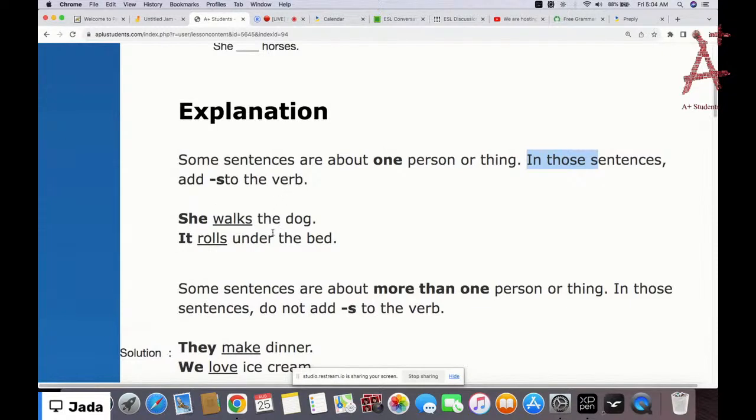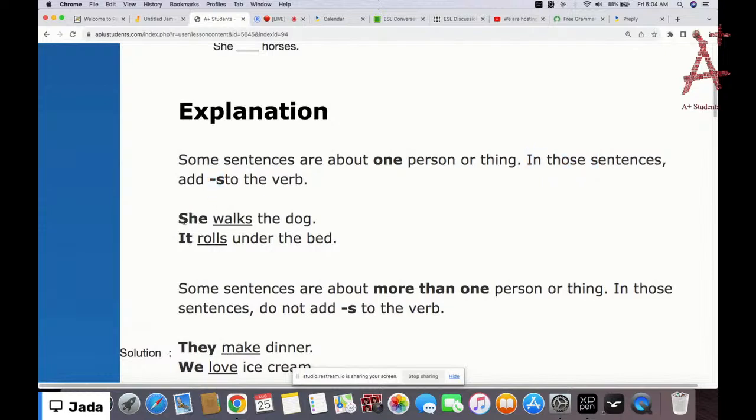So when you see that a sentence is talking about one person or one thing, you need to add s to the verb of that sentence. Why? Because it means that the subject is a single subject, so it's singular. So as long as you have a singular subject, you just add s to the verb.